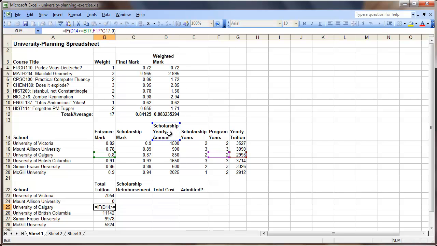It's comparing this label here now against the University of Calgary's entrance mark. And apparently scholarship yearly amount is greater than 0.8 because I got in. It calculated an average. I'm not sure why. But notice how it moves all of the cells relative to where my autofill went. My autofill goes down 2 rows in this case, then all the cells go down. But I do not want this cell to move.